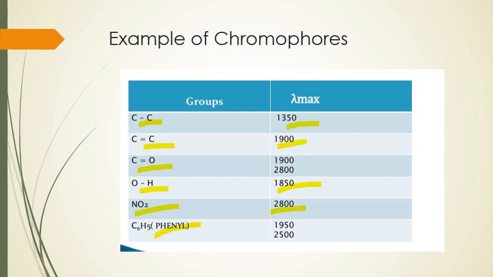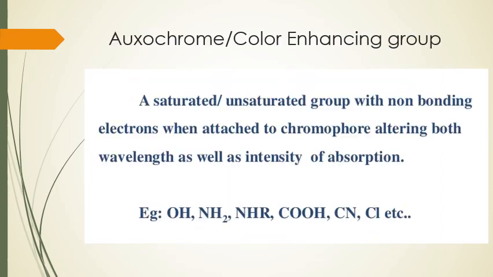So you can easily understand now, the chromophores are those groups which show the characteristic absorption in the UV visible range of the radiations. The next term involved in UV visible spectroscopy is oxochrome, which is also called the color enhancing group.